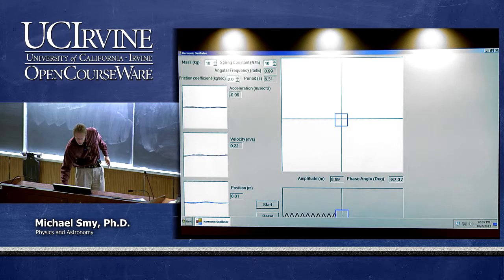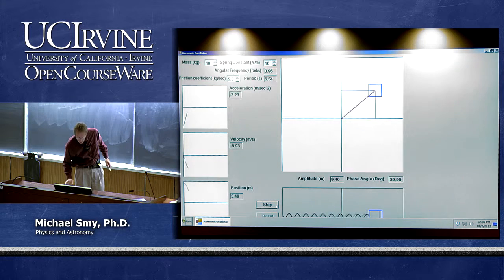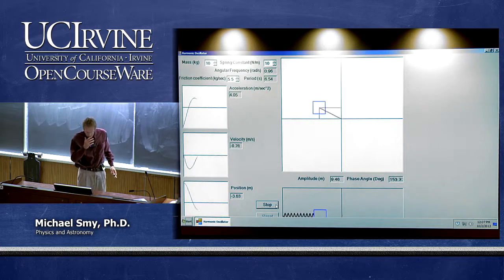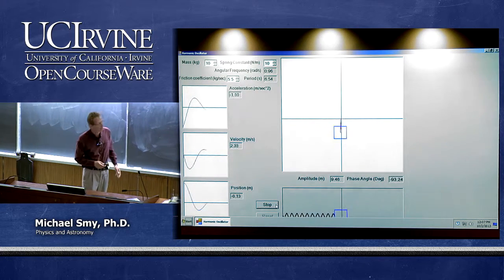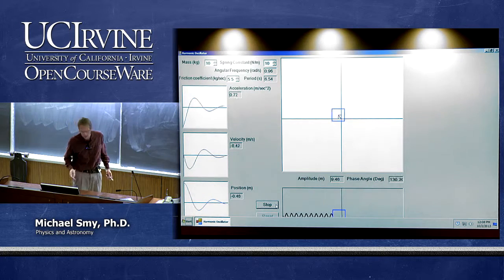So if we increase the damping further, then this will happen much more quickly. It will only take us 1 or 2 cycles for it to basically come to rest.